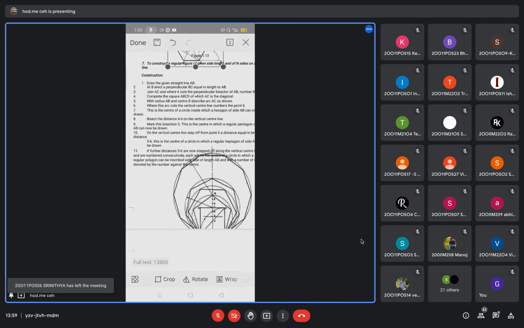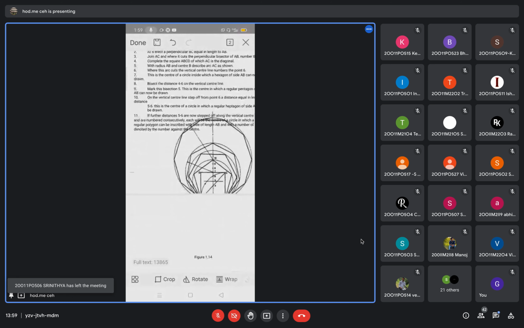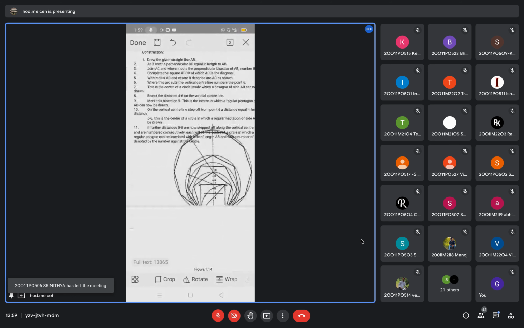Okay, see this. The fifth point: the fourth point is completed. Draw the diagram.